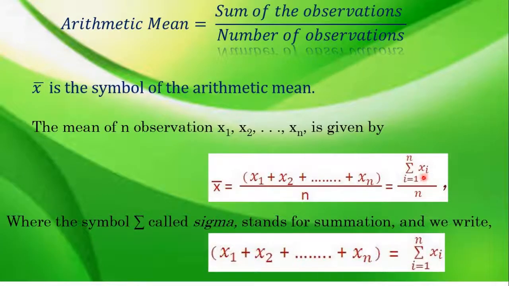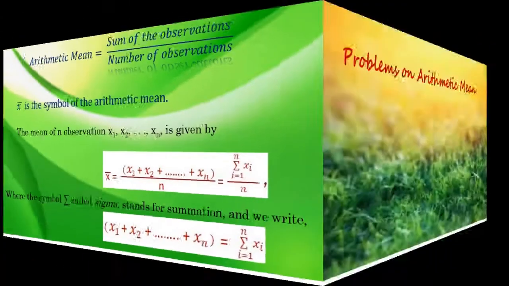Sigma indicates the sum. How can we denote the addition of many observations together? It is denoted by this Greek symbol sigma. Sigma i from 1 to n xi means x1 plus x2 plus etc. up to xn. When we are doing problems, you can use this equation.